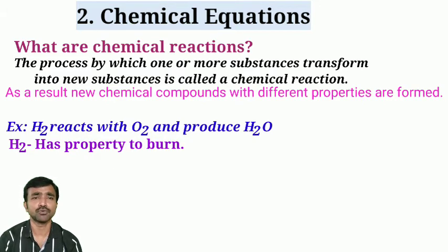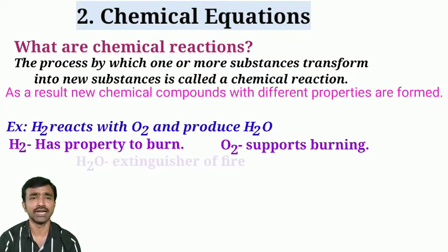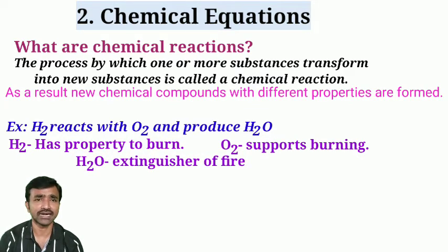Oxygen supports the burning process. But does water have any of these properties? No, it has completely different characteristic properties. It does not show any characteristics of hydrogen and oxygen after the change.